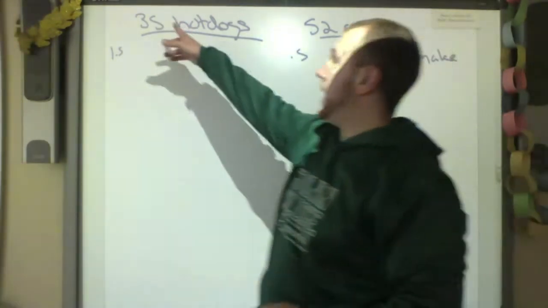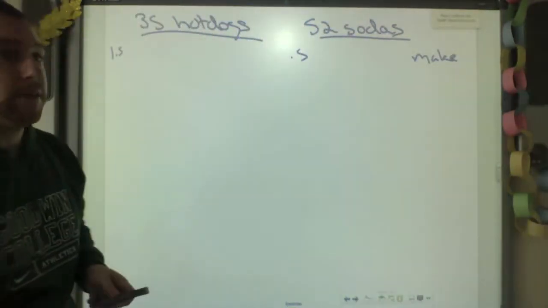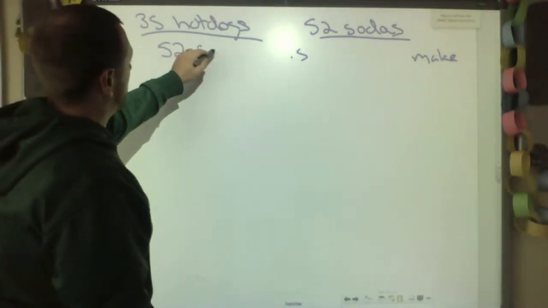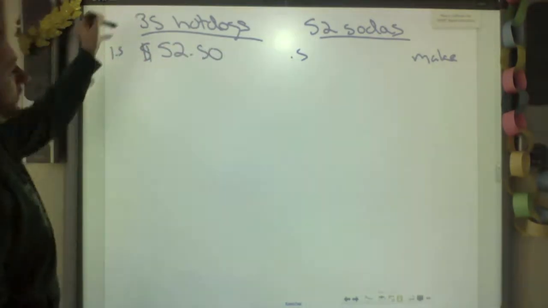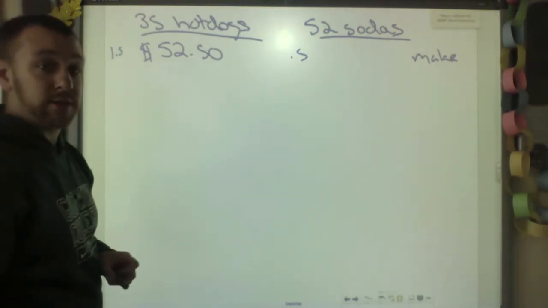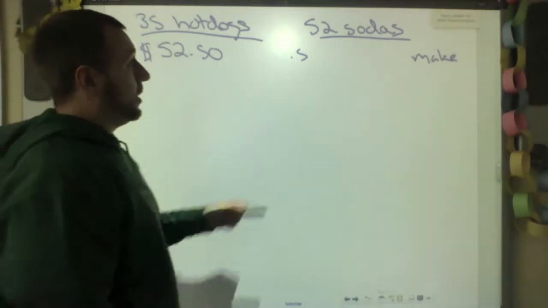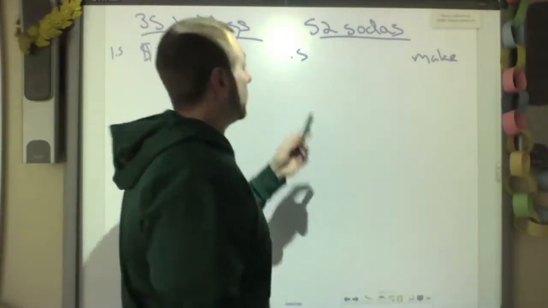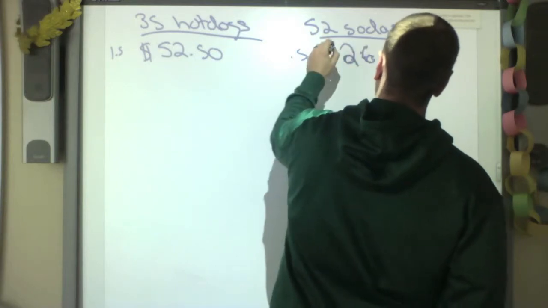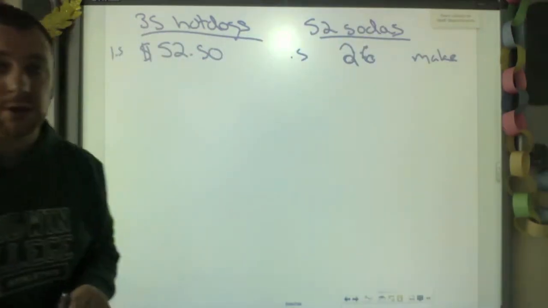So if I make $1.50 for each hot dog, that means for the hot dogs, 35 times 1.5 is $52.50. Okay? I made 50 cents for every soda. So that means I made $26 on sodas. Okay?